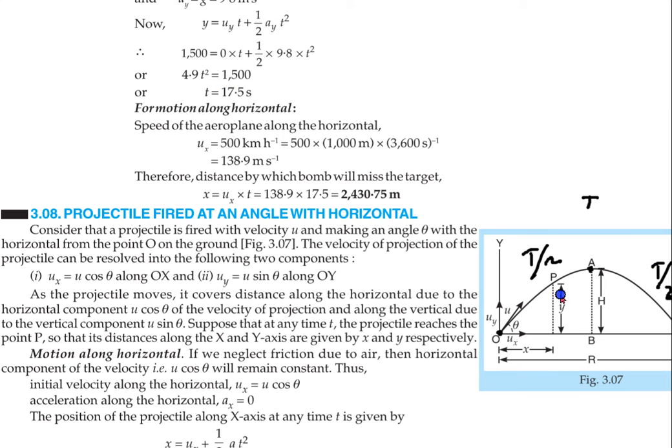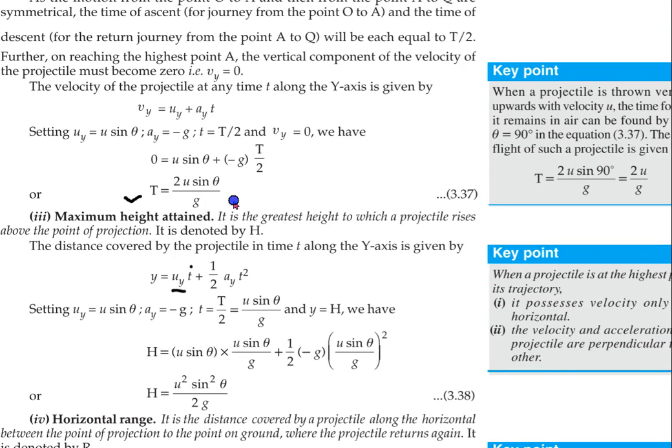I want to find the maximum height. Maximum height is at the half point, so t will be equal to T by 2, where capital T is the total time taken. Instead of t, I'll put T by 2 here, and if I divide T by 2, the 2 will not be there, giving U sine theta by g.